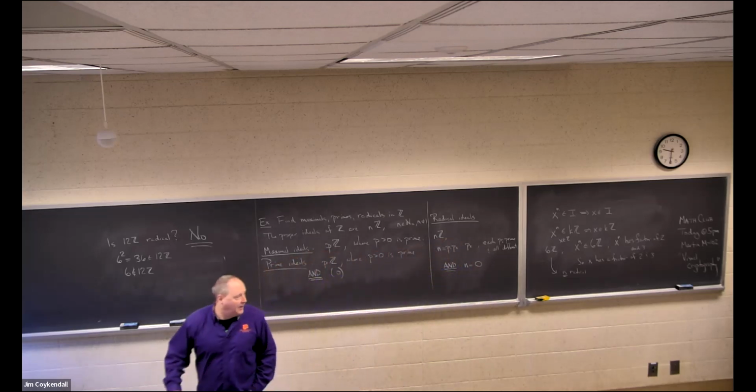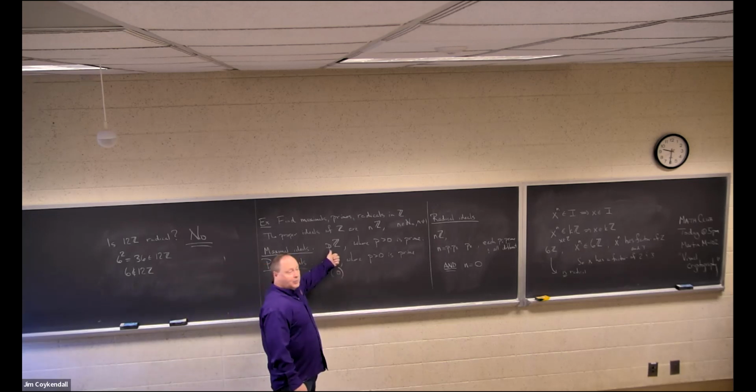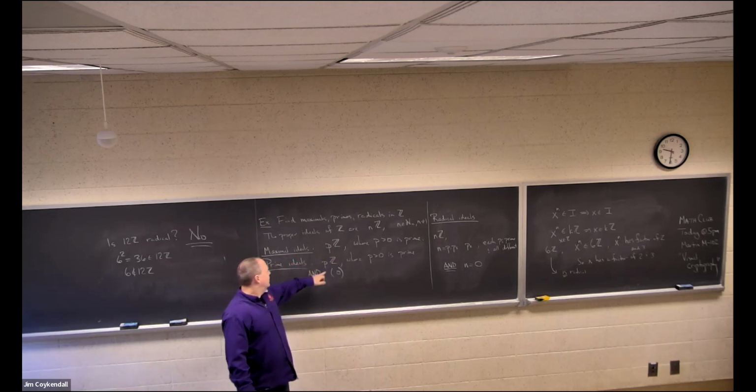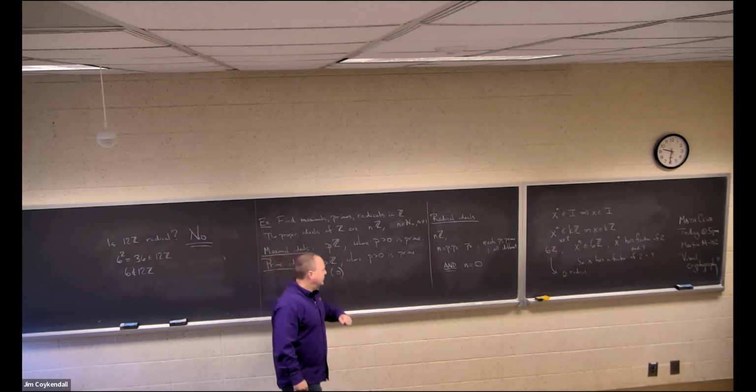So notice that these are all slightly different. The maximal ideals are PZ, where we sometimes say this is generated by P. So it's just multiples of P, where P is a positive prime. The prime ideals are all those maximal ideals, and then you've got this other prime, 0.